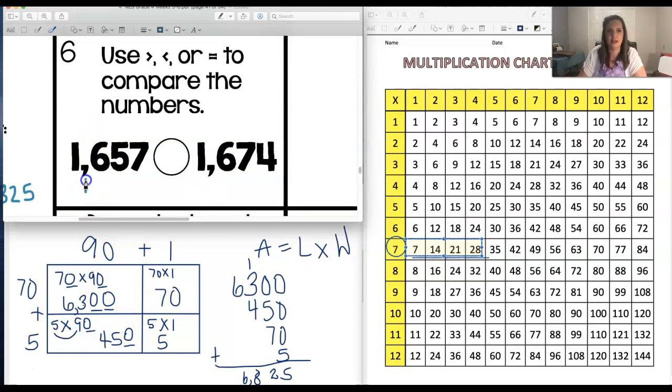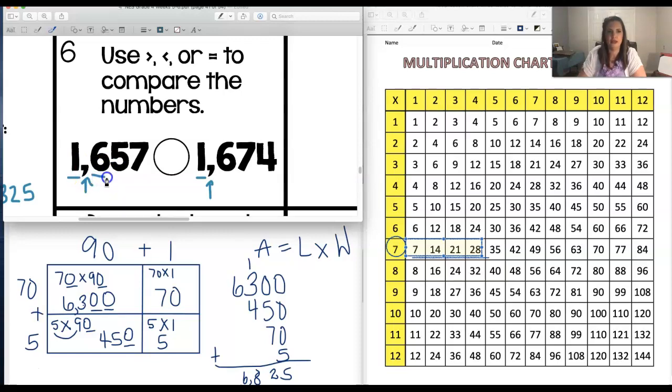I can see right here that both numbers have a comma and then one place value after the comma. That means that the greatest place value of both numbers is the thousands place. If I look at the digit in the thousands place, they're both ones. So I cannot use that number to compare them.